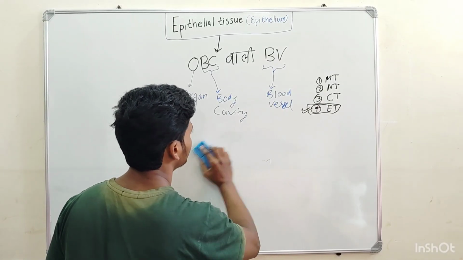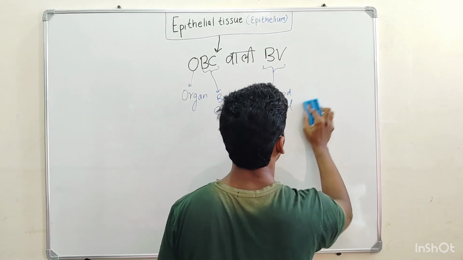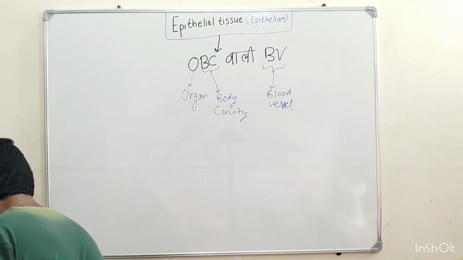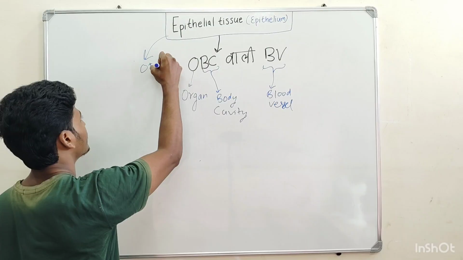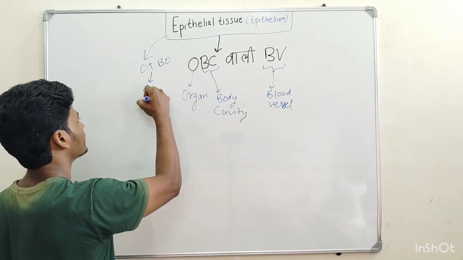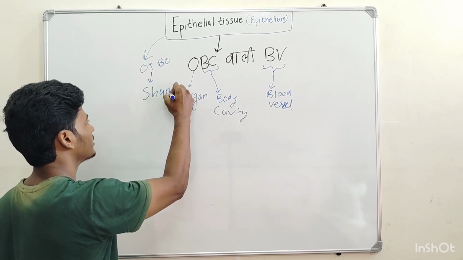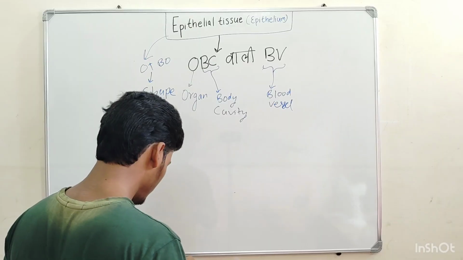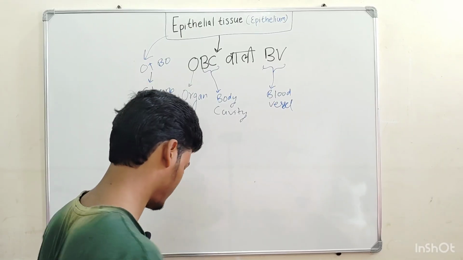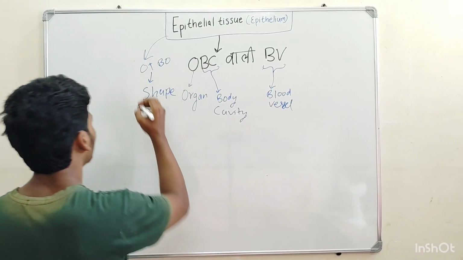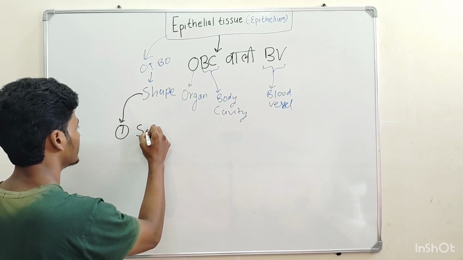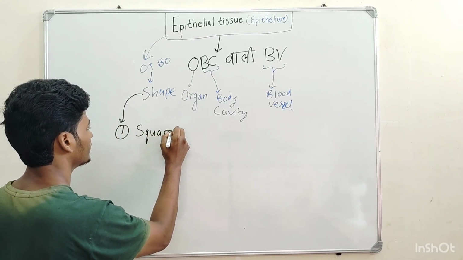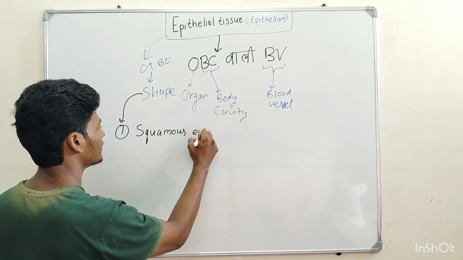And let's talk about the types of epithelial tissue. On the basis of shape, epithelial tissue can be divided into three types. One is squamous epithelium.